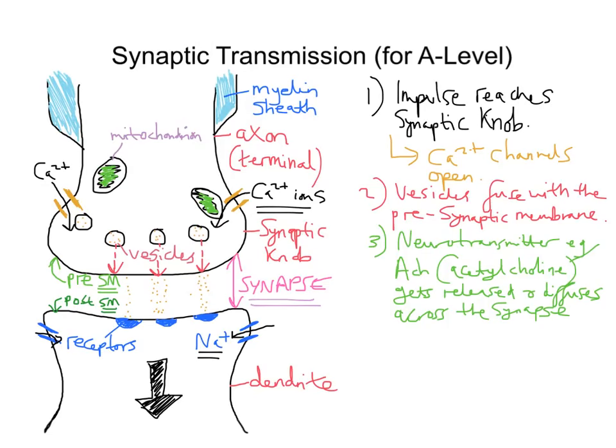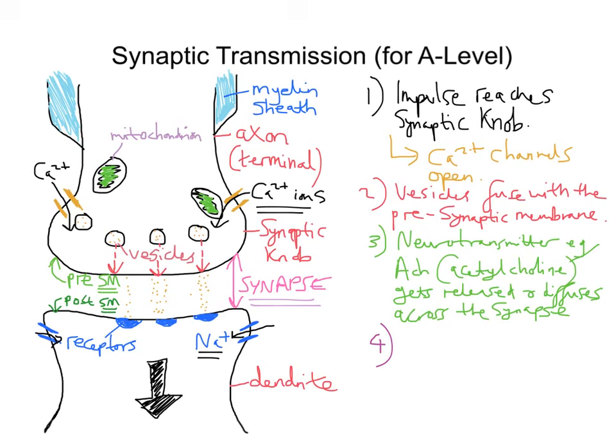So neurotransmitter binds to receptor, sodium channels open, sodium ions rush in, action potential set up, impulse can travel down that postsynaptic neuron. So let's put that particular note over to the right hand side.